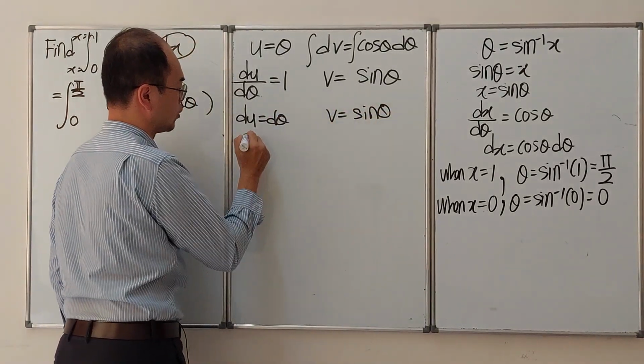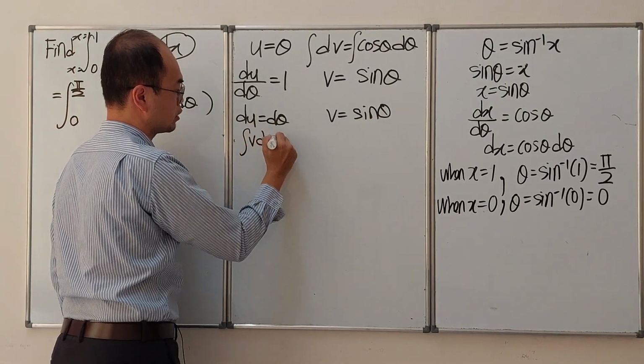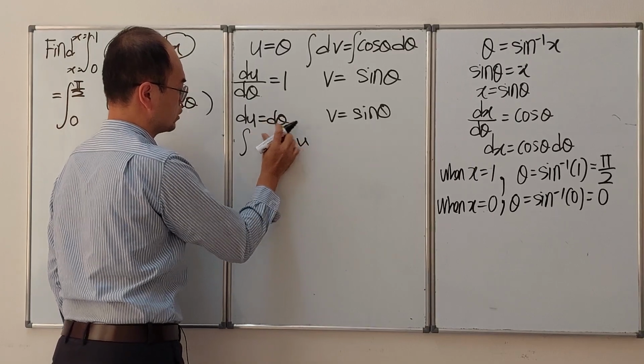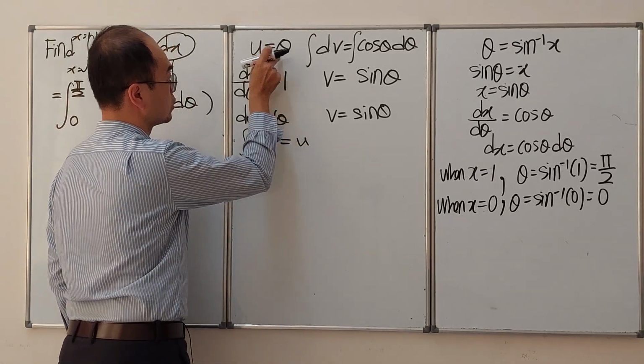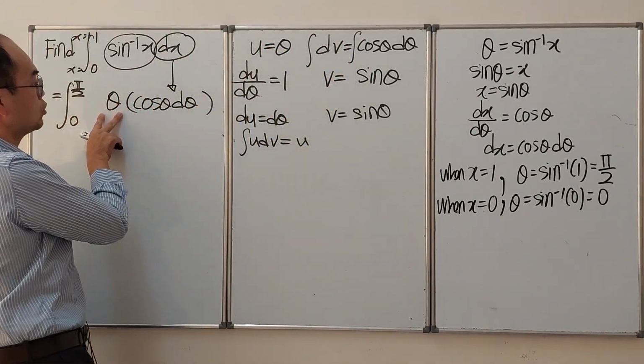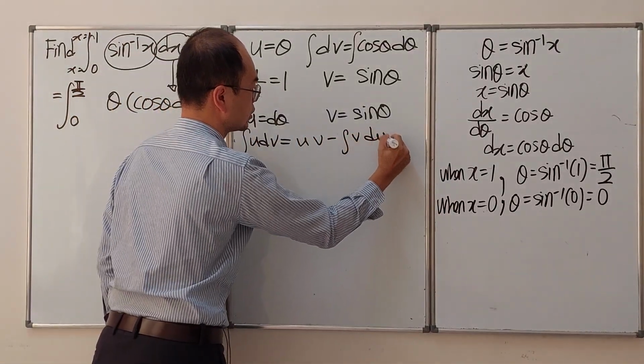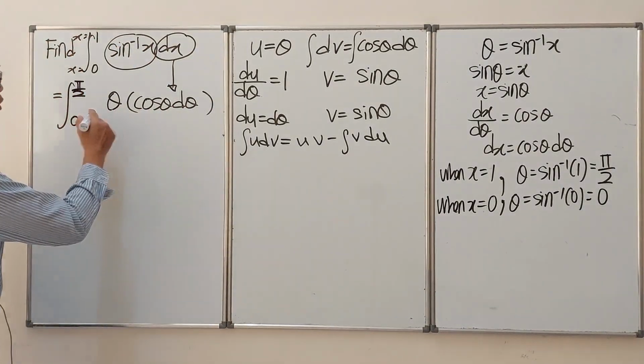So the formula for integration by parts is the integral of u dv, where this is your u and this is your dv, equals uv minus the integral of v du. I apply integration by parts for this.